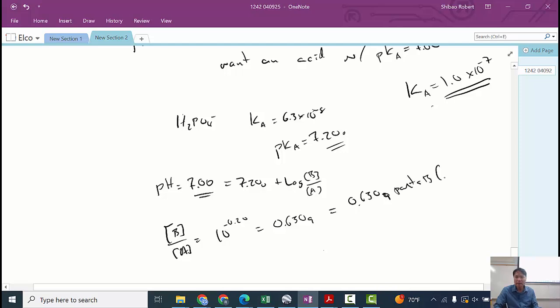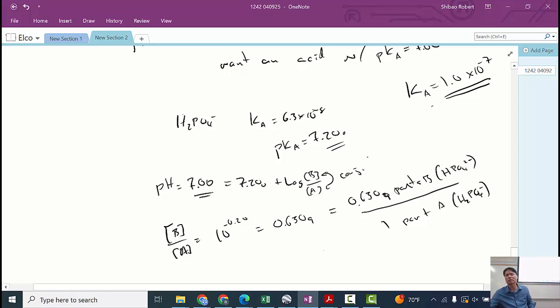The base in this case would be monohydrogen phosphate for every 1 part acid, which is the dihydrogen phosphate. The base and the acid must be conjugates, so be careful. These are conjugate pairs.